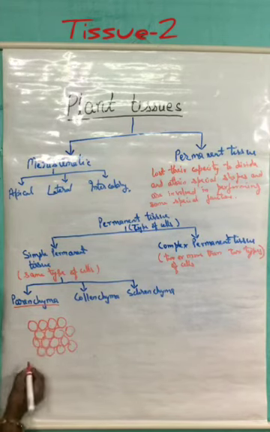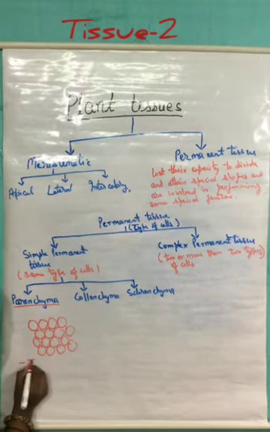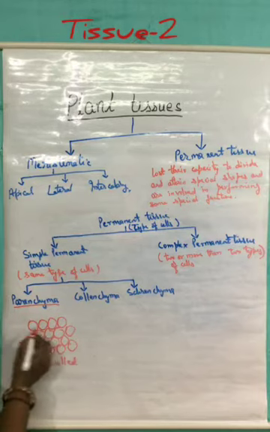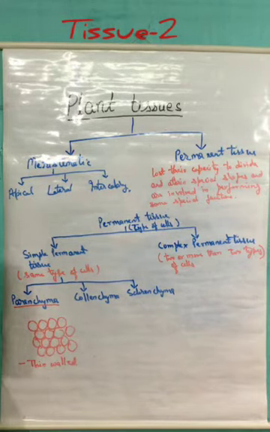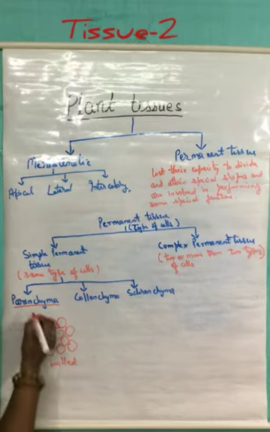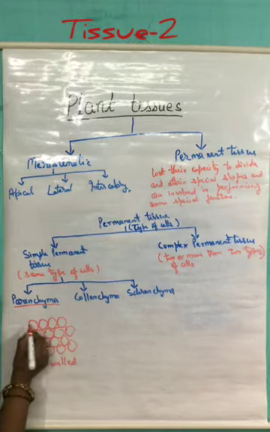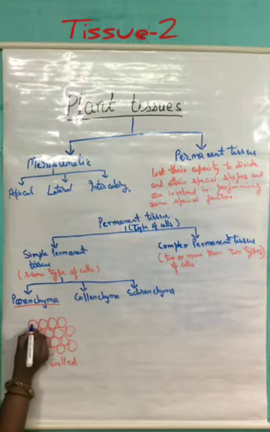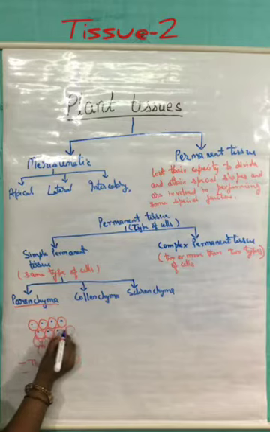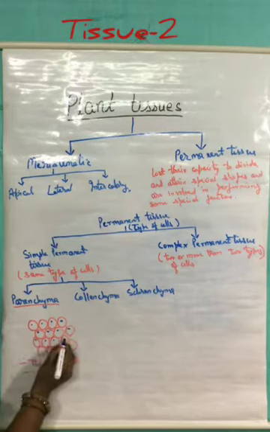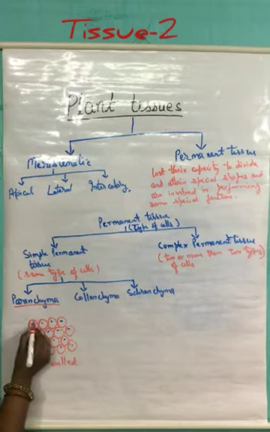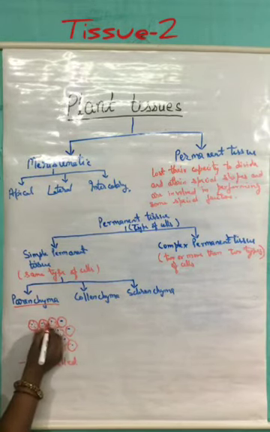These cells are thin-walled. They have a thin wall that is only made up of cellulose. So they are thin-walled. These parenchymatous cells have the nucleus and dense cytoplasm.